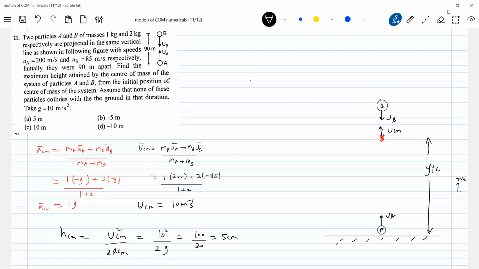From where? From the initial position. So initially at what height is it? Let's calculate. This should be (2 into 90 plus 1 into 0) by (2 plus 1), so 60 meter from the ground.